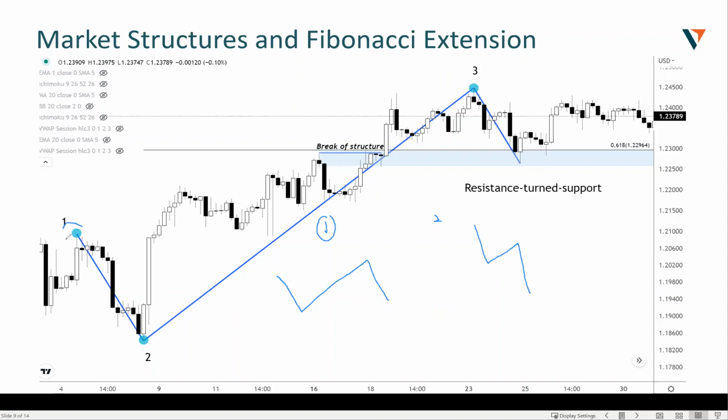The idea is that you want to identify the first point, your starting point. This would be the second point, and this would be the third point. Once you have this, use the Fibonacci extension tool, and you can see that there will be levels over here. These are levels that are built into the tool. So let me just use an example.